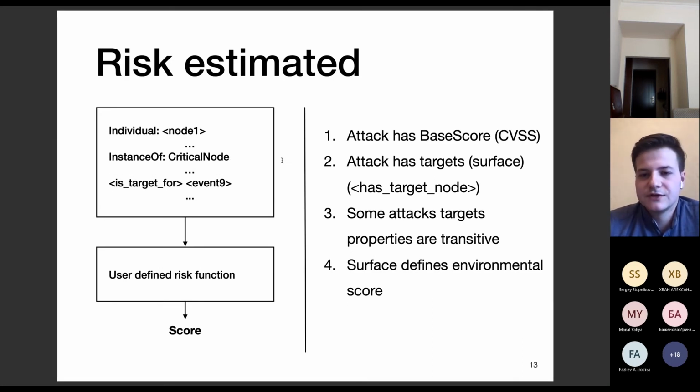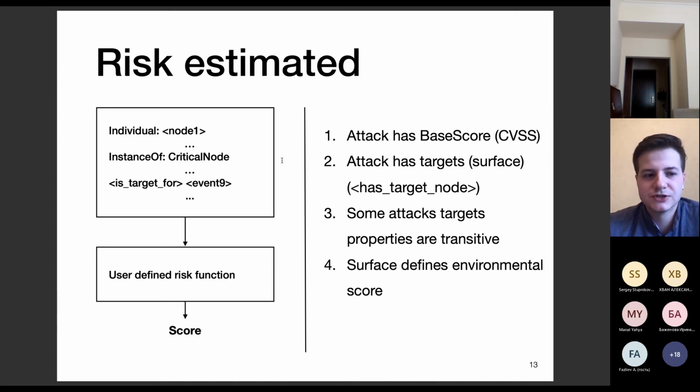Since we found the attack, we need to assess its risk. Traditionally, risk estimation is based on the CVSS methodology, which is linked with the CVE list from Mitre Corporation. But it has one undefined component, the so-called environmental risk.